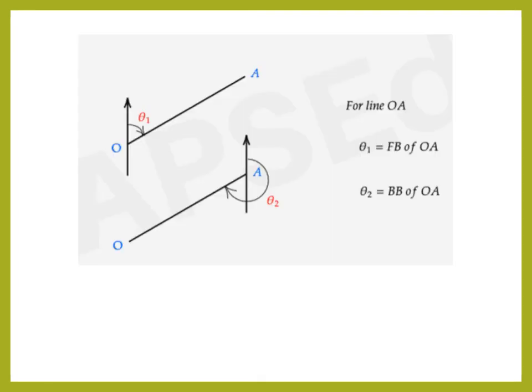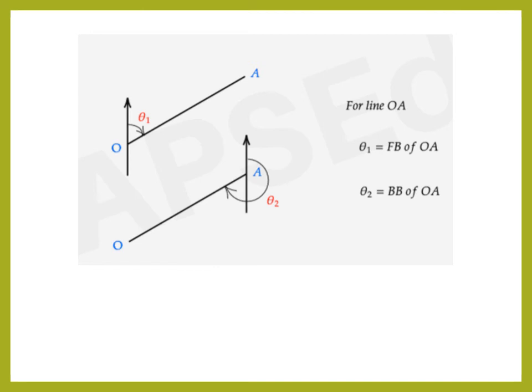If you see in this image, we are having a line OA, and let us take the direction of survey is from the point O to A. When I measure the bearing of line OA in the direction of survey, we are getting an angle theta 1, that is called fore bearing. So theta 1 will be the fore bearing of the line OA.